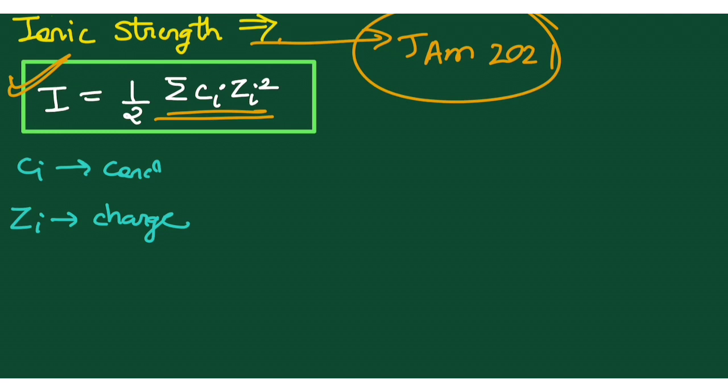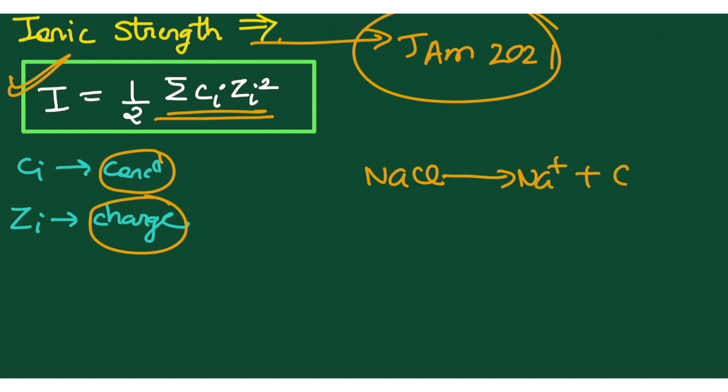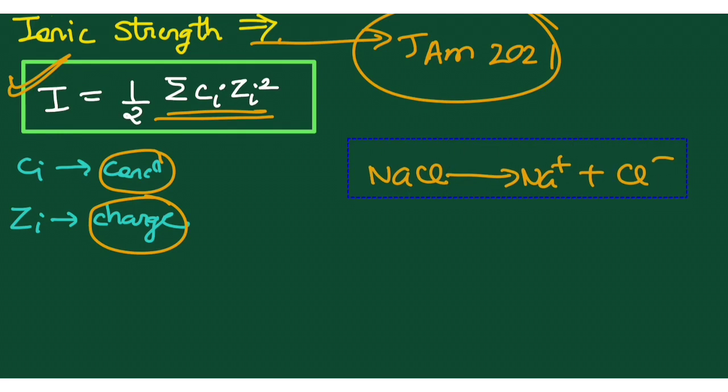Here Ci is the concentration and Zi is the charge. Let me take it for CaCl2, and you will be very clear with that.